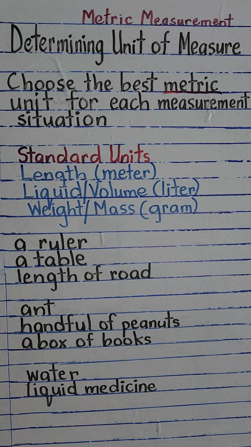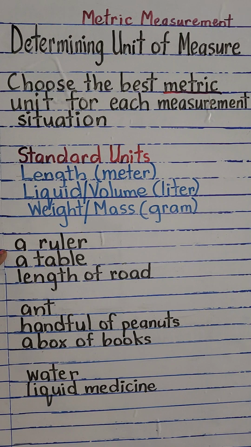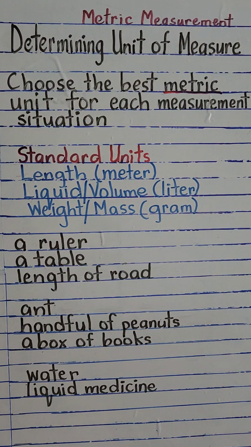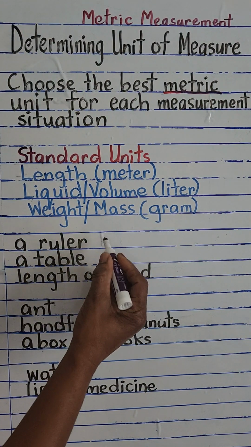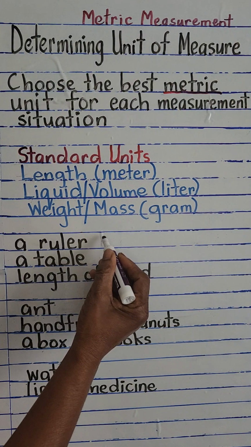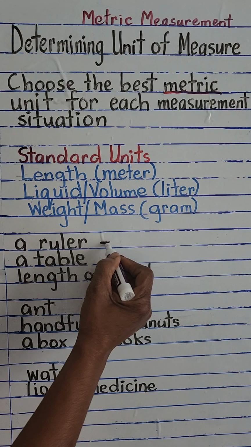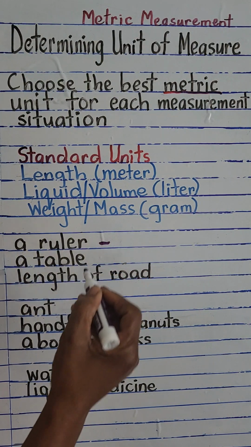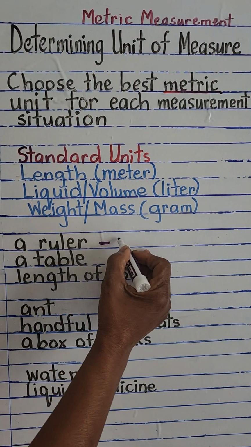And the best example of that would be a ruler. So the best measurement unit for a ruler is centimeter, because it is larger than 10 millimeters, but it's less than a meter.